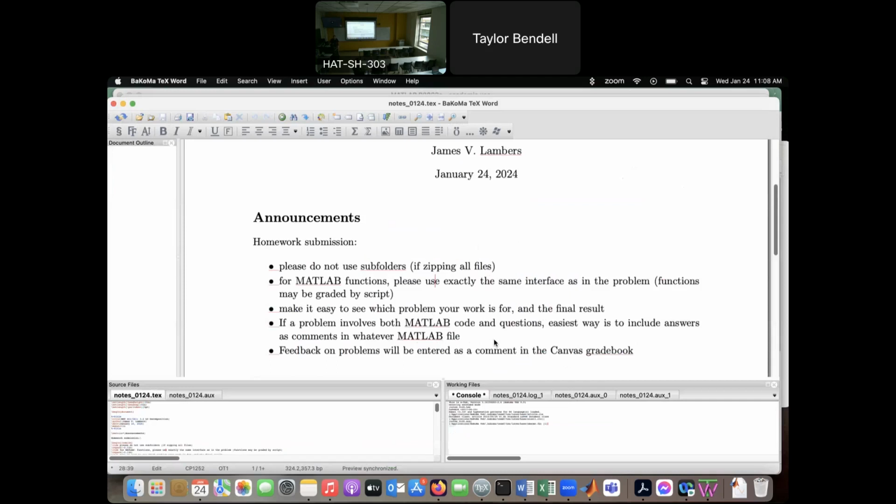As I grade assignments, I'm entering the grades in Canvas, and in the comment box I'll give feedback like which problems you lost points on, how many points you lost, and why, in case you have any questions about that.